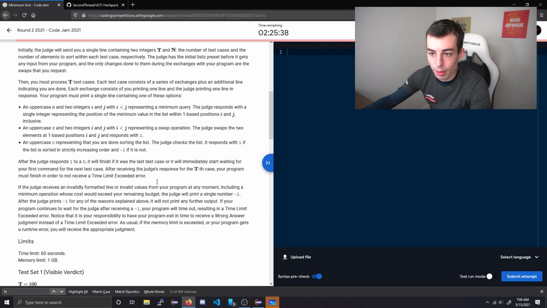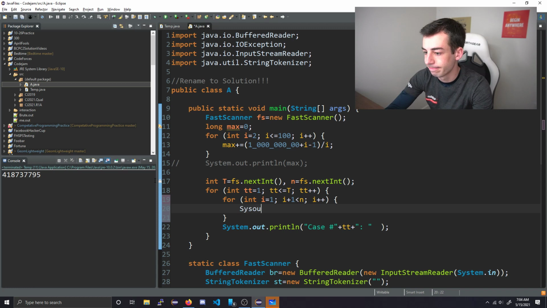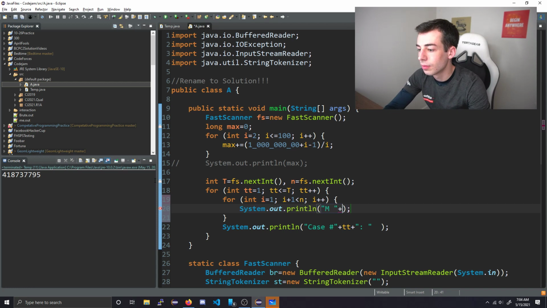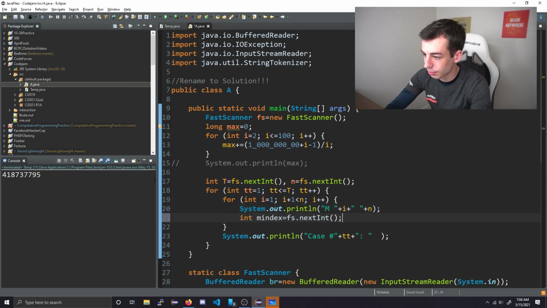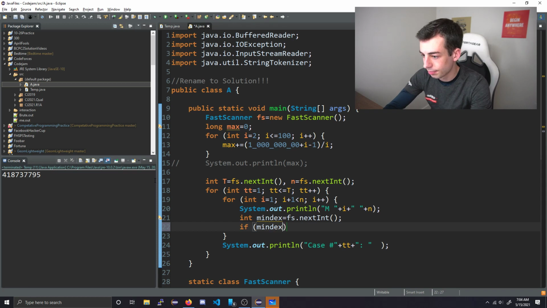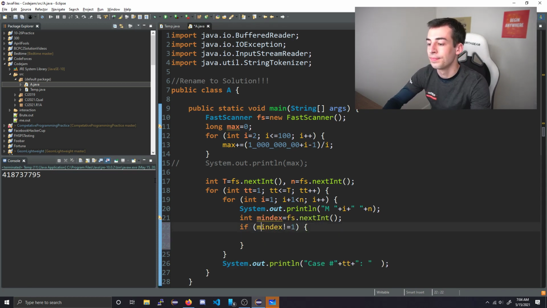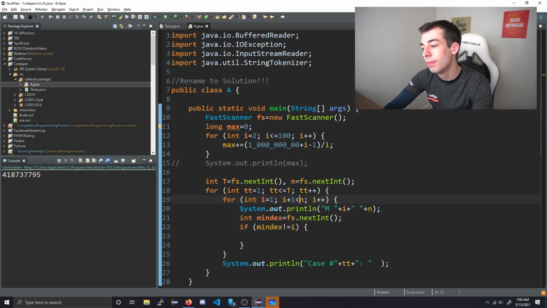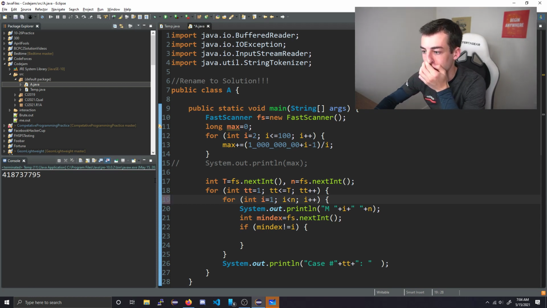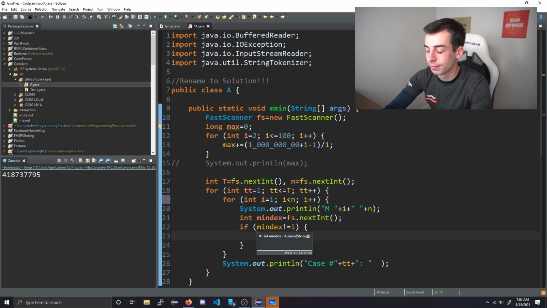Then we want to query the min. The index isn't equal to i, and we need to swap some things.